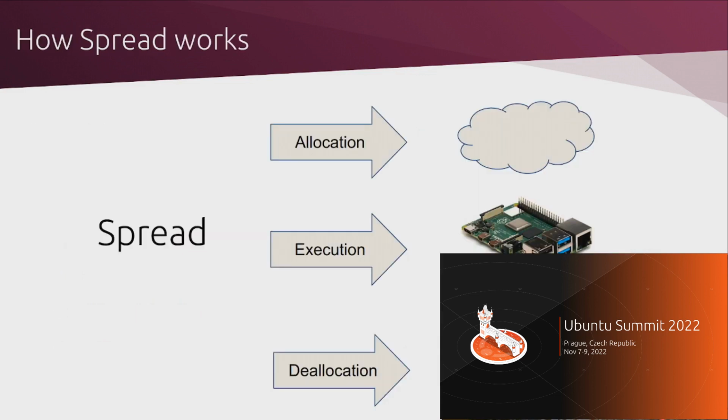I'll try to summarize how it works. Basically, Spread allocates machines, executes things in the machines, and then deallocates them. It could be executed in cloud providers or in containers. This is the best picture I could find.